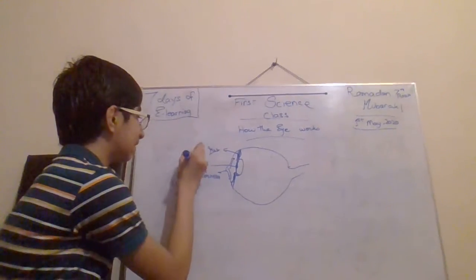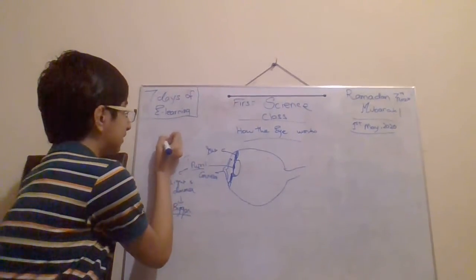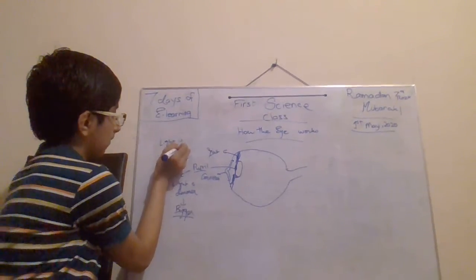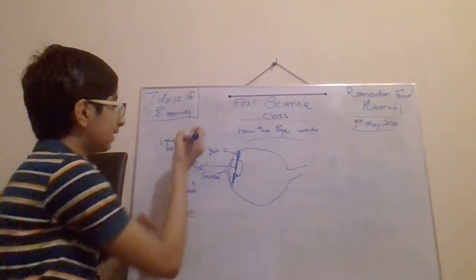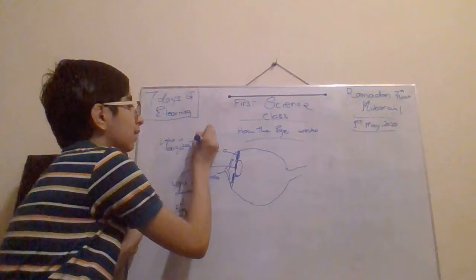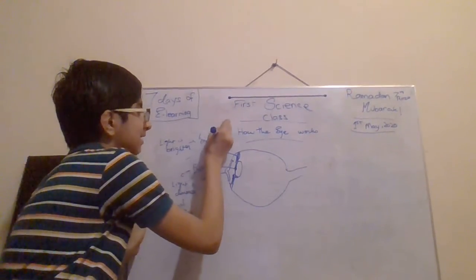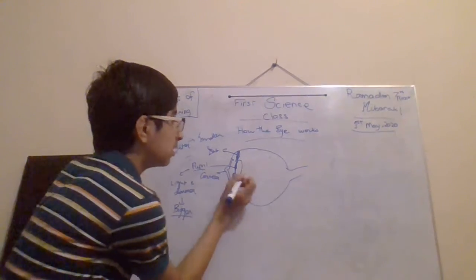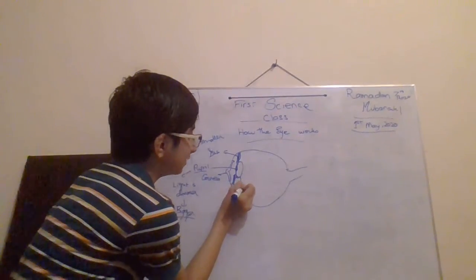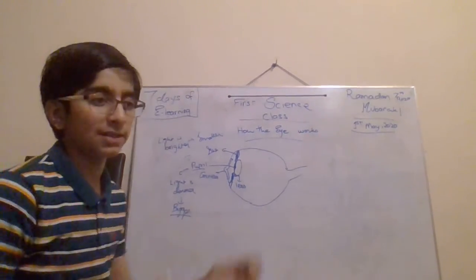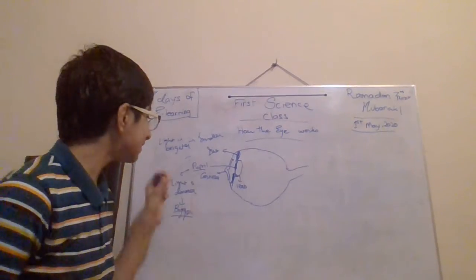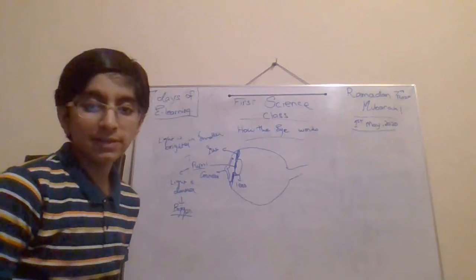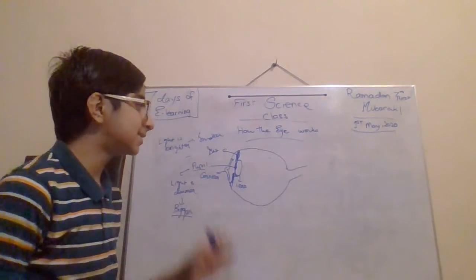And if the light is brighter, then it will become smaller to let in as little light as necessary for the eye to perform an image. Now, just as the lens, this also increases or decreases as the pupil does for the increment or the decreasing of the light which lets in.